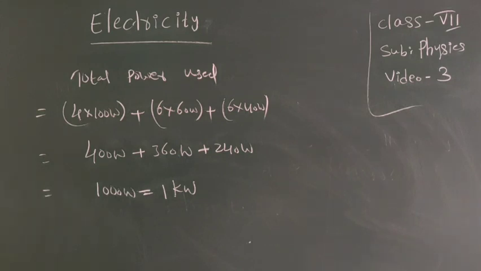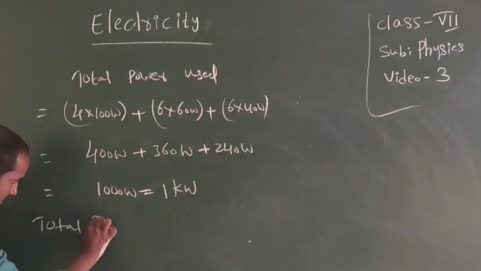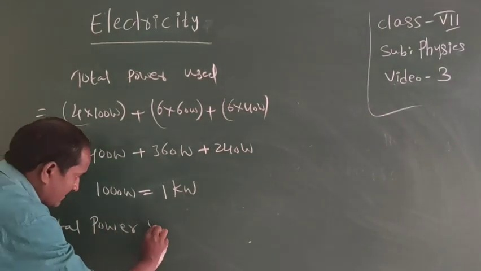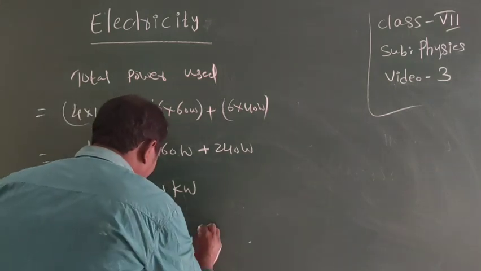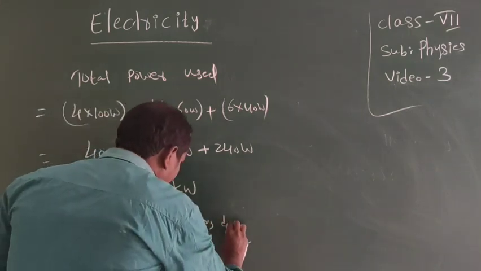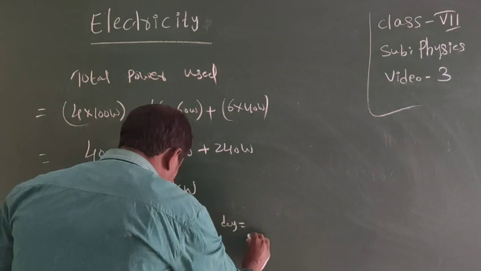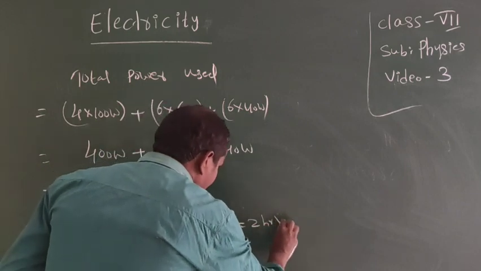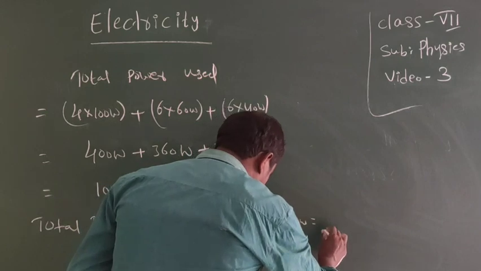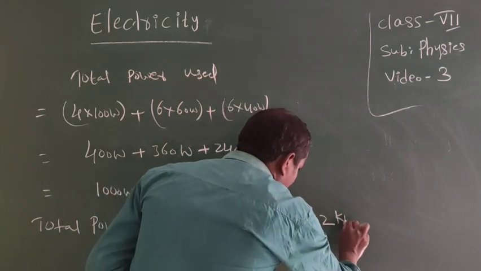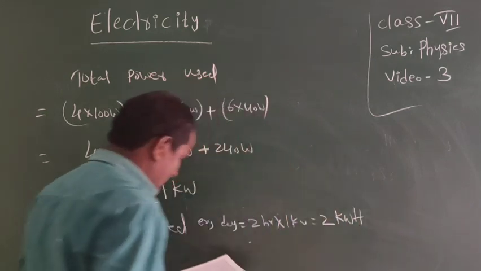Total power used every day. How many hours here? 2 hours. Total power used every day equals how much? 2 hours into 1 kilowatt, that equals 2 kilowatt hour.